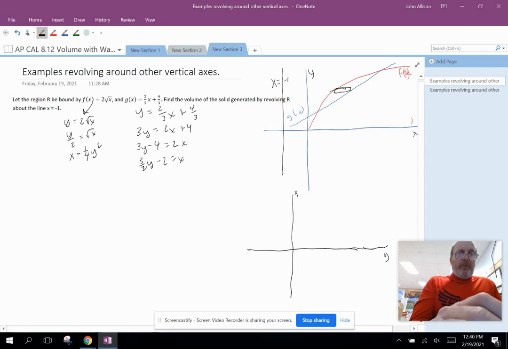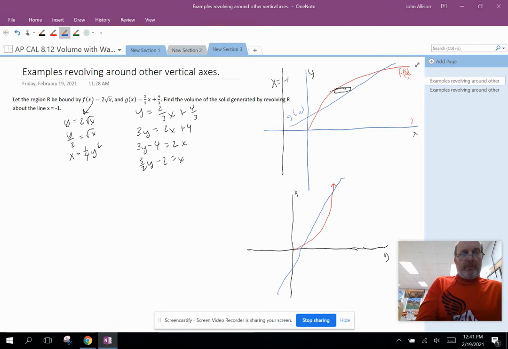And so when we graph 1/4 y squared, that's going to look like this. And we graph 3/2 y minus 2, that's going to look like this. And what we can see is where those two are going to be equivalent.